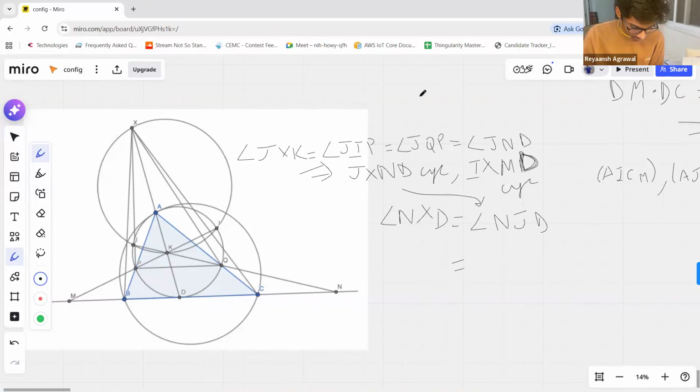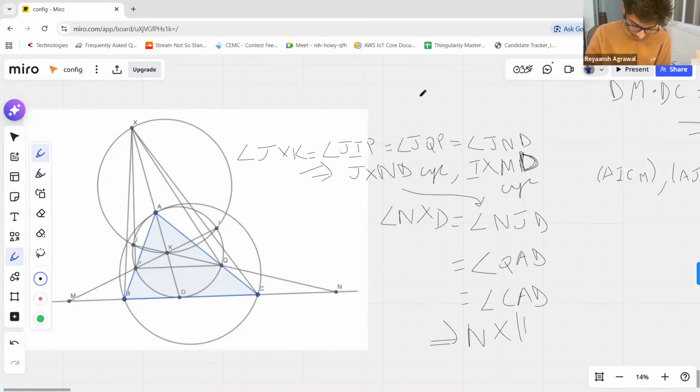And then NJD is equal to QAD, and that's equal to CAD. Therefore, NX is parallel to AC. But now C is the midpoint of DN, and therefore A is the midpoint of DX.